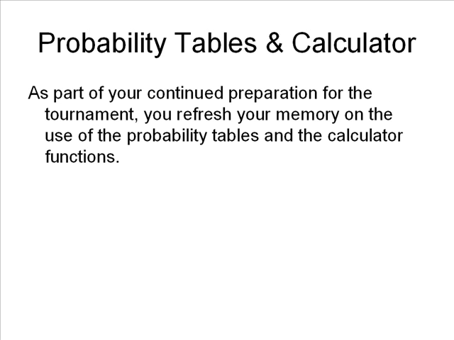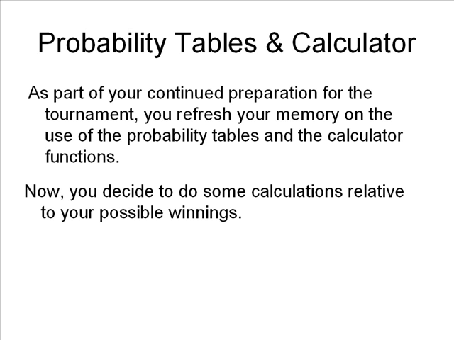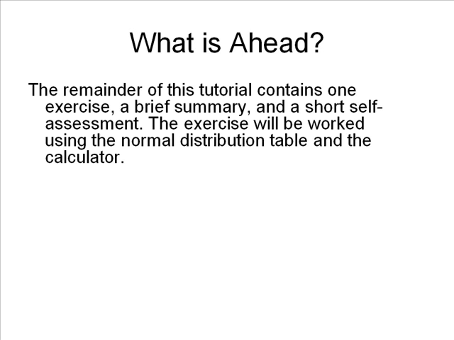As part of your continued preparation for the tournament, you refresh your memory on the use of probability tables and the calculator functions relative to the binomial and normal distributions. After this refreshment, you decide to do some calculations of your possible winnings.